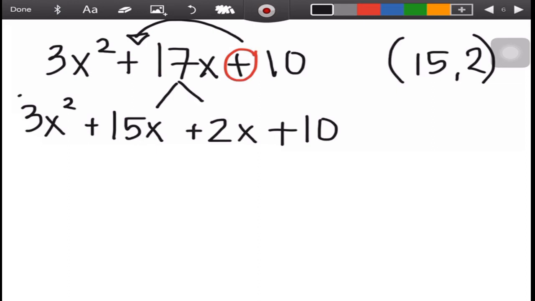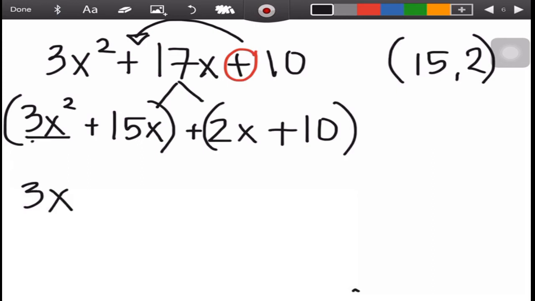Next, we will group the first and the second term, the third and the fourth term. So what number can divide 3 and 15? So that number is 3, and then x squared or x, which has the lower exponent. So that is x.